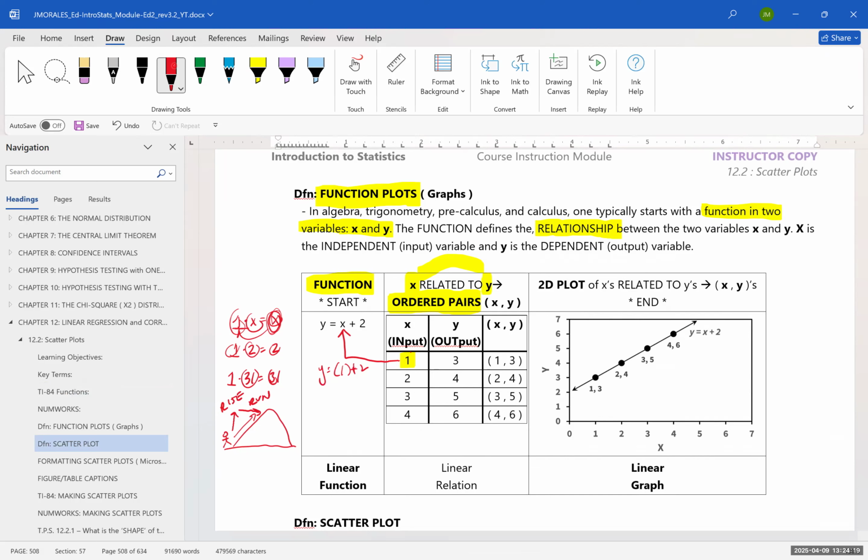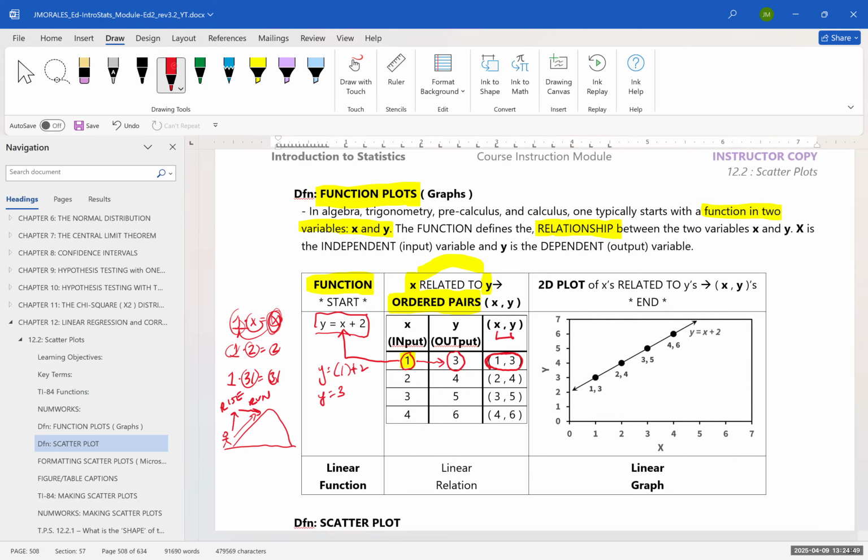And what's 1 plus 2? 3. So in this equation, if x is 1, then y will be equal to 3. Or said in another way, 1 is related to 3. And that gives us an ordered pair of an x and a y together.